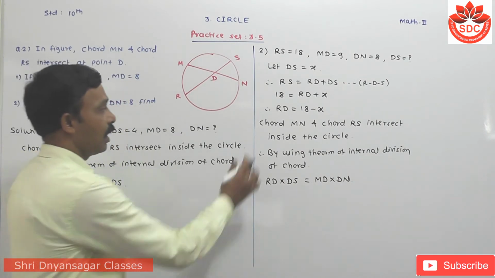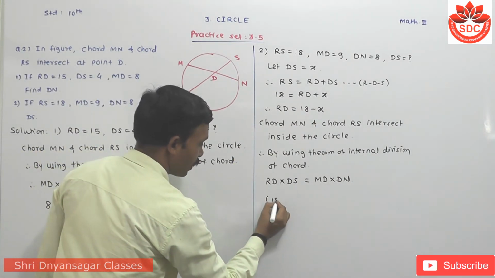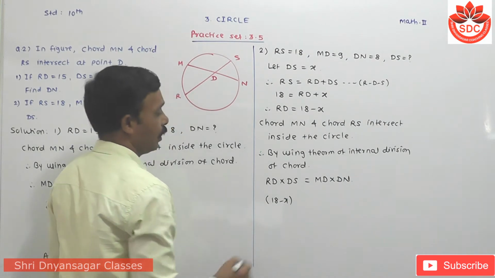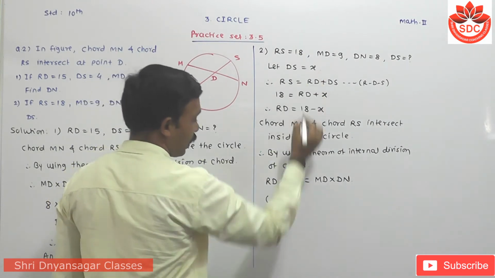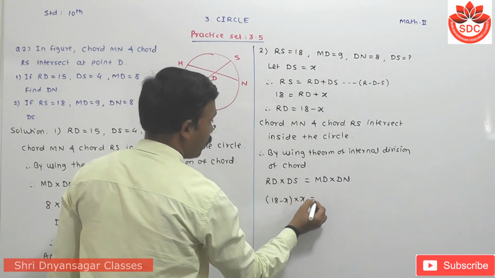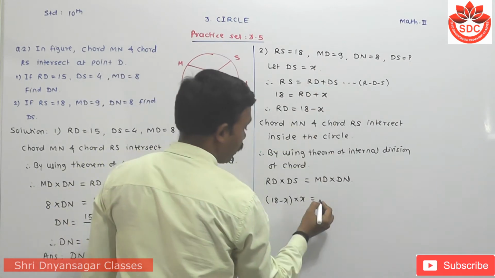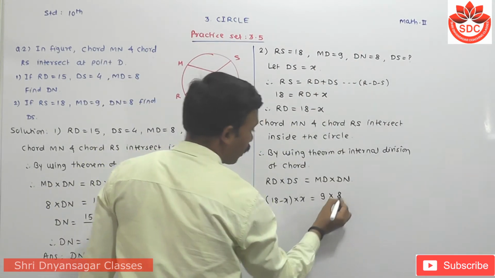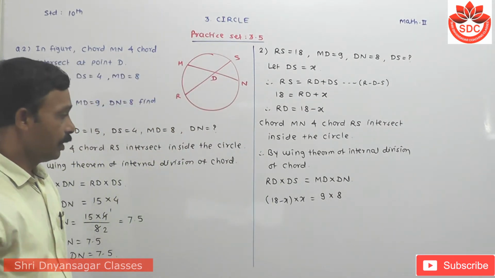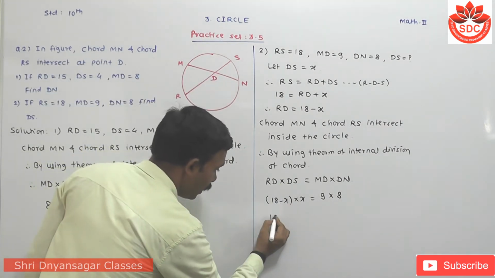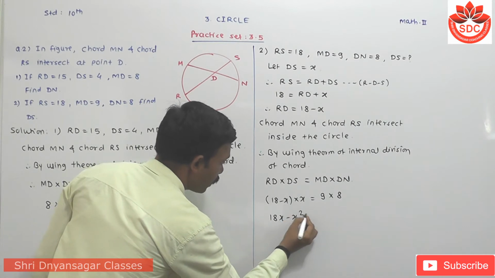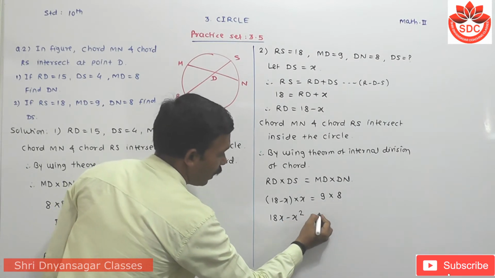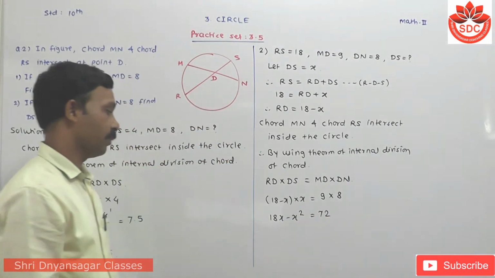Substitute the values. RD is 18 minus x into DS is x, equal to MD is 9 into DN is 8. Then the product is 18x minus x square is equal to 9 eights are 72.